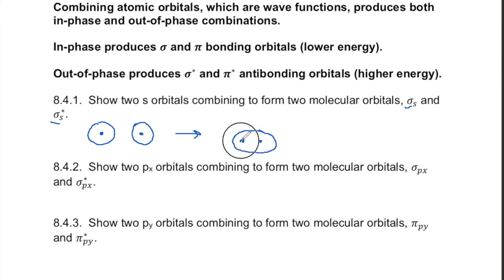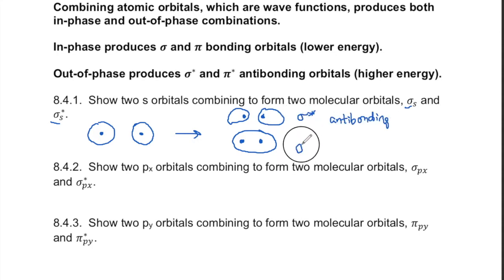So these electrons are being shared between the two nuclei. And here are the two nuclei with most of their electron density away from the other. So this is an anti-bonding. This is a sigma anti-bonding orbital, and this is a sigma bonding orbital. So this is what it looks like for s orbitals.